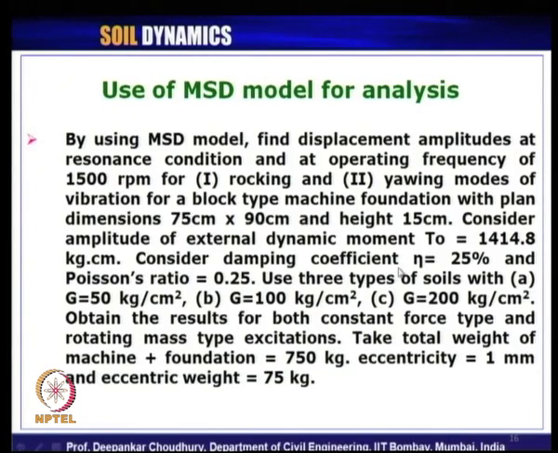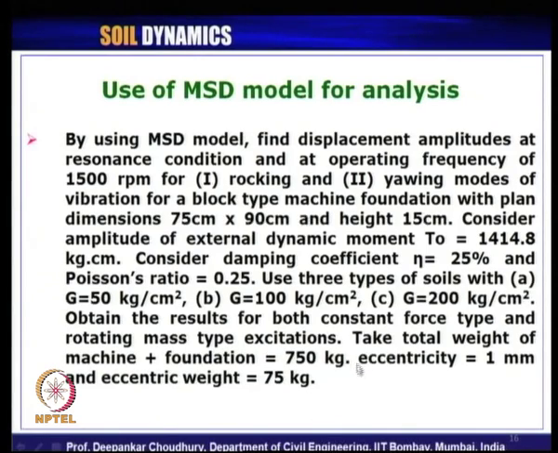Consider damping ratio or damping coefficient is 25%, Poisson's ratio is 0.25. Again, for 3 types of soil with G value as 50 kg per centimeter square, 100 kg per centimeter square and 200 kg per centimeter square, we have to obtain this displacement amplitudes for both constant force type as well as rotating mass type excitations.